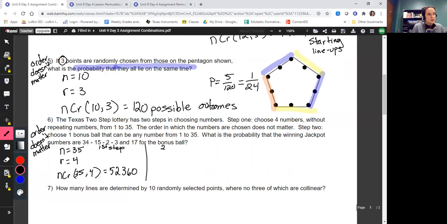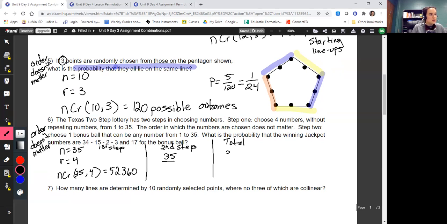The second step, we are choosing one ball. So there's only one spot, and there are 35 options for that spot. So we have a first step and a second step. Now to get your total, you need to multiply those together.